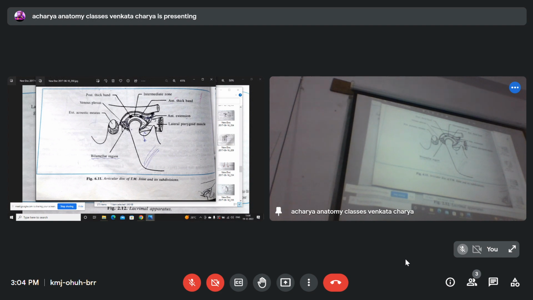Next, gliding movement. Okay, flexion and extension.